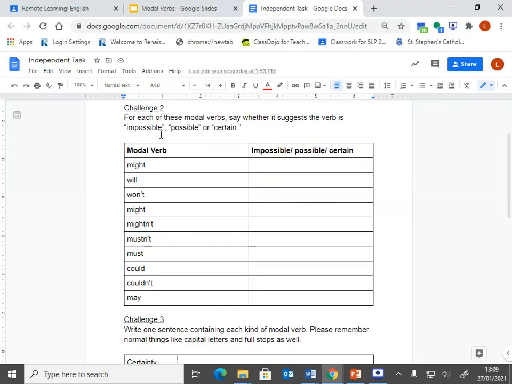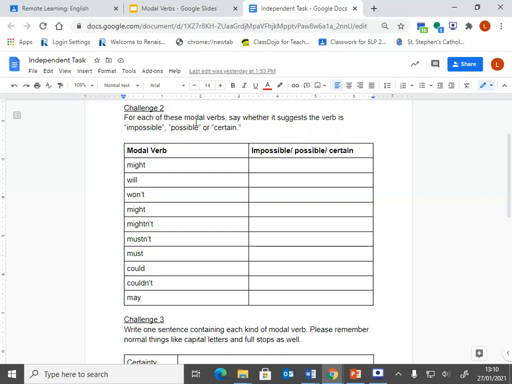For challenge 2, for each of the modal verbs, suggest whether it suggests it's impossible, it's possible, or it's certain. So let's have a go at the first one together, might. What it might help for you to do is put this in a sentence. Mr. Plummer might know the answer. Now, am I saying that it's impossible, I definitely don't know the answer?